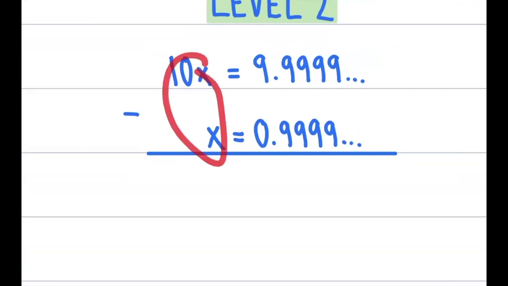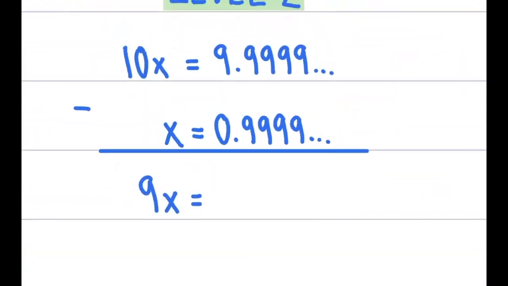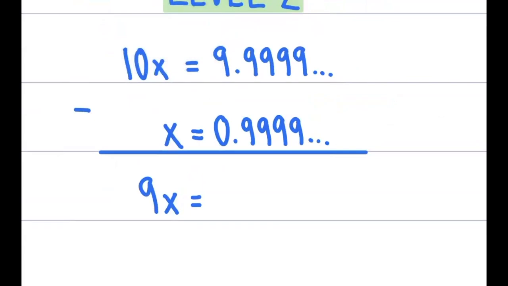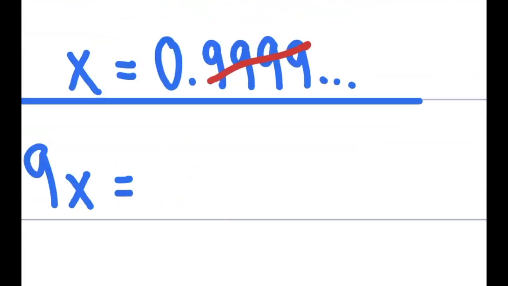So we have 10x minus 1x on the left side. That's just 9x. And we have 9.9 repeating minus 0.9 repeating. Again, there's still an infinite number of nines, so everything after the decimal point is going to cancel, and you're just left with 9 minus 0, which is 9.